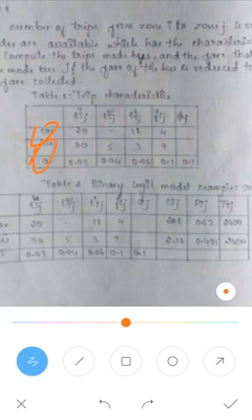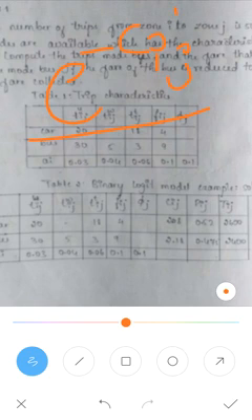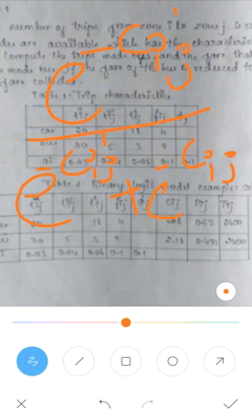What you have to use is the formula: e to the power of minus Cij, this is for the first one, divided by e to the power of minus Cij first plus e to the power of minus Cij second.